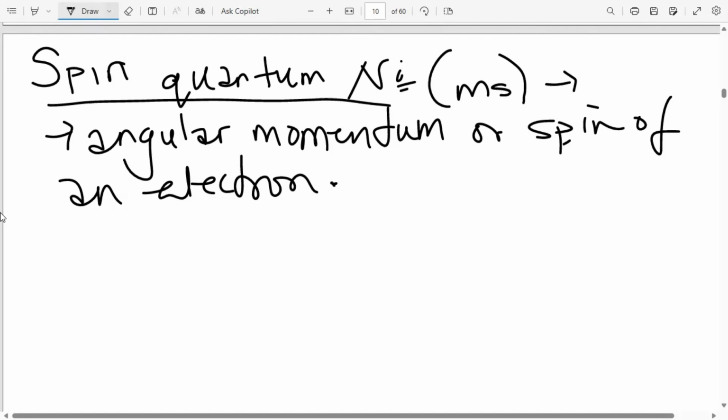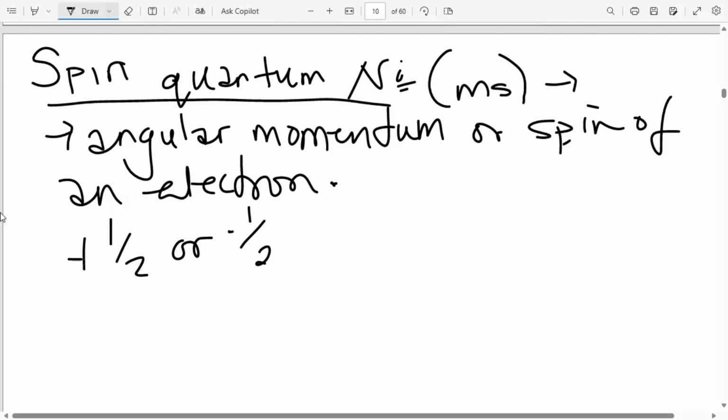So because of that, we have allowed values for spin quantum numbers of positive half or negative half, describing the two possible spin states of an electron within a specific orbital. This is very important for understanding how electrons pair up within an orbital, and we're going to explain this more using what we call Pauli's exclusion principle.